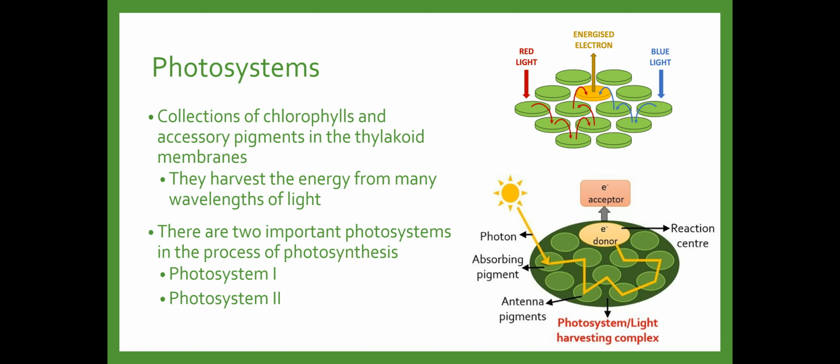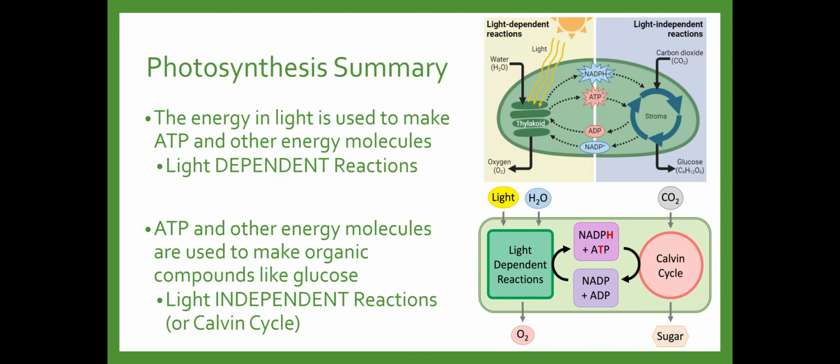There's photosystem 2 and photosystem 1. They were named according to when they were discovered. Now in the processes of photosynthesis, we're going to start in photosystem 2 and then move to photosystem 1. But all you really need to know is that these photosystems are collections of chlorophylls and other pigments, and this is where the energy is being gathered from the light.